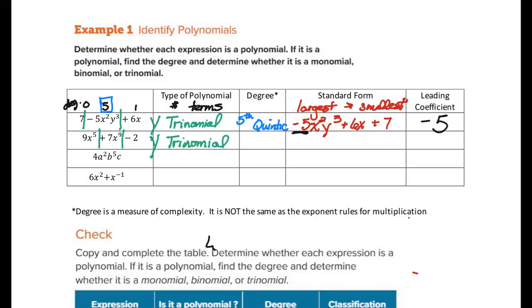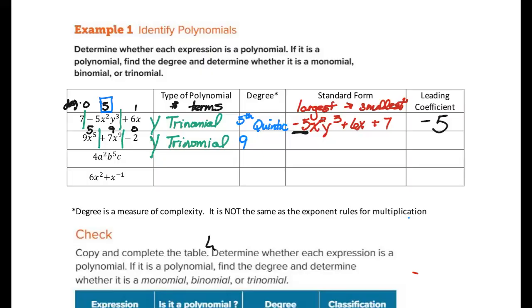Trinomial. The degree. What's the degree of the first term? 5. What's the degree of the second? 9. What's the degree of the last term? 0. What is the degree of the entire polynomial? It is 9. You do not add for a polynomial.